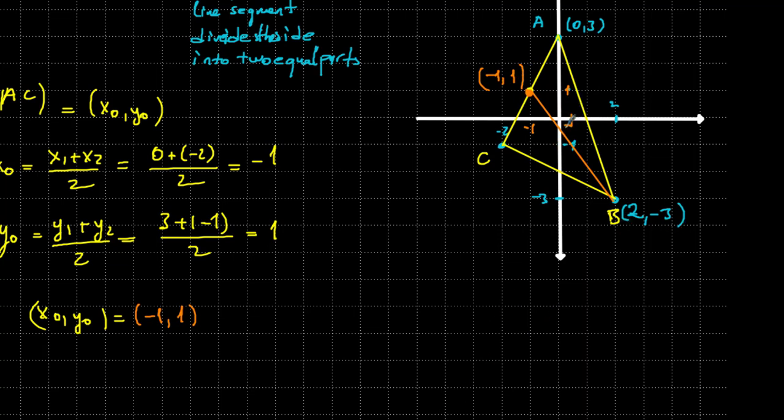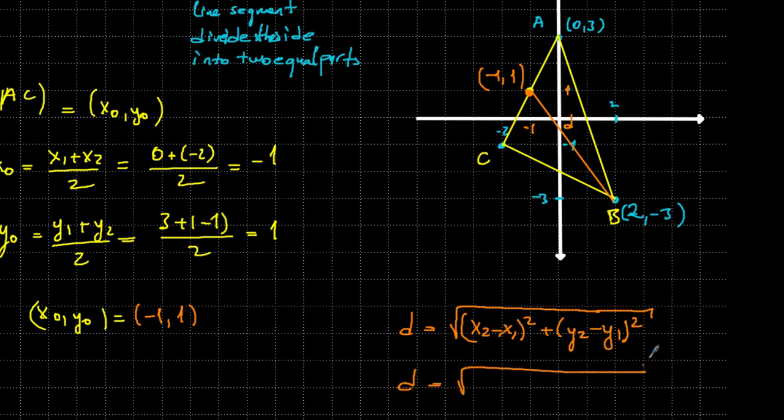So if I name this one D, it is equal to the square root of (x2 minus x1) squared plus (y2 minus y1) squared, which is the distance between 2 points in the plane. Which one we choose, x2, y2, is not important, but I'm going to say this is x2, y2, and this is x1, y1.